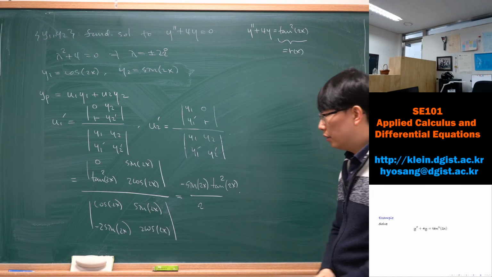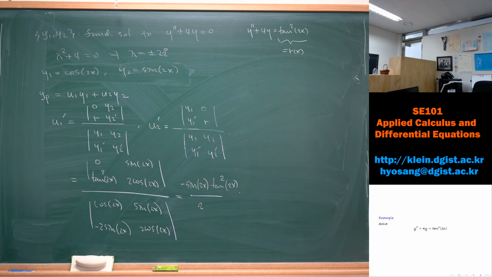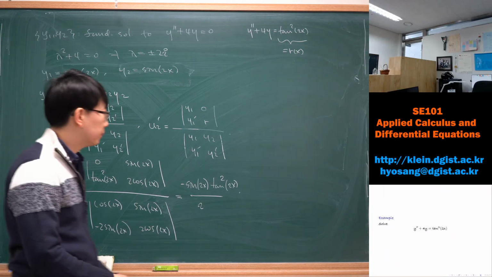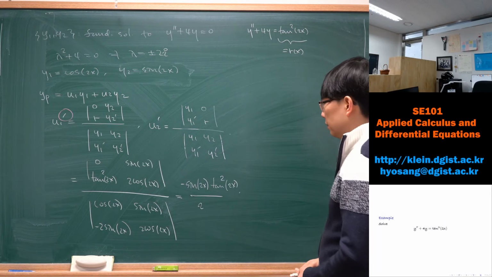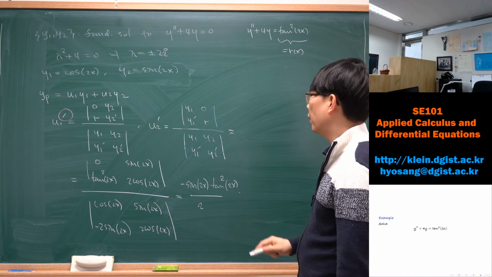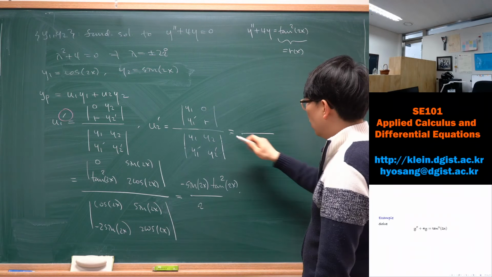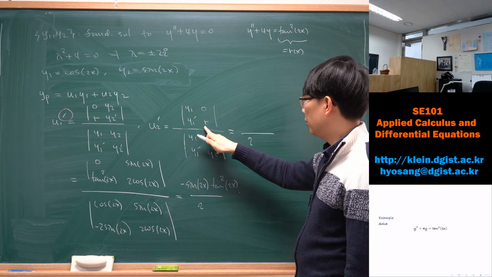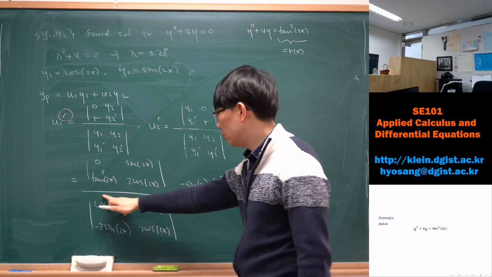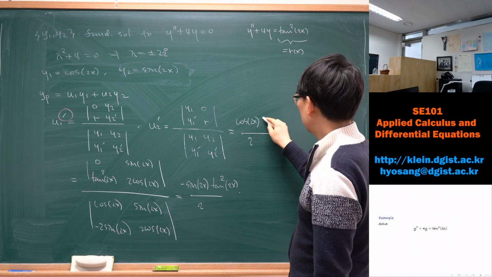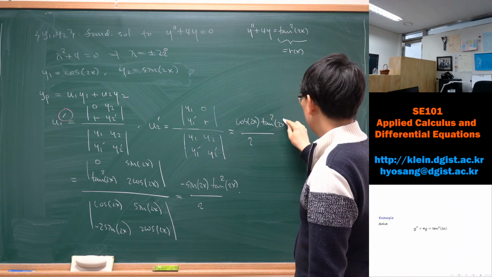That's our u1, but it's important that this is not u1 itself, this is u1 prime. If you want to find u1, you have to take the integral. Let's finish with u2 prime. The denominator is the same, so you get 2. On the numerator, we have y1 times r, and y1 is cosine 2x, so cosine 2x tangent squared 2x.